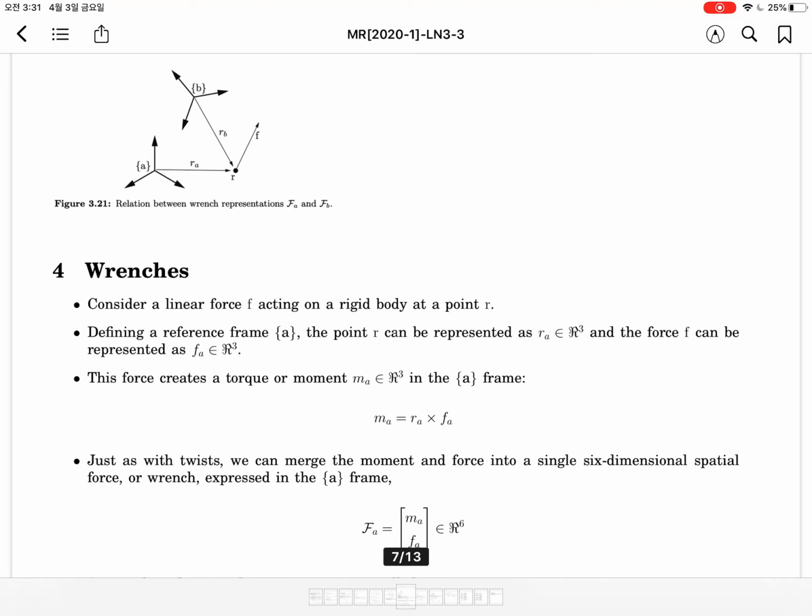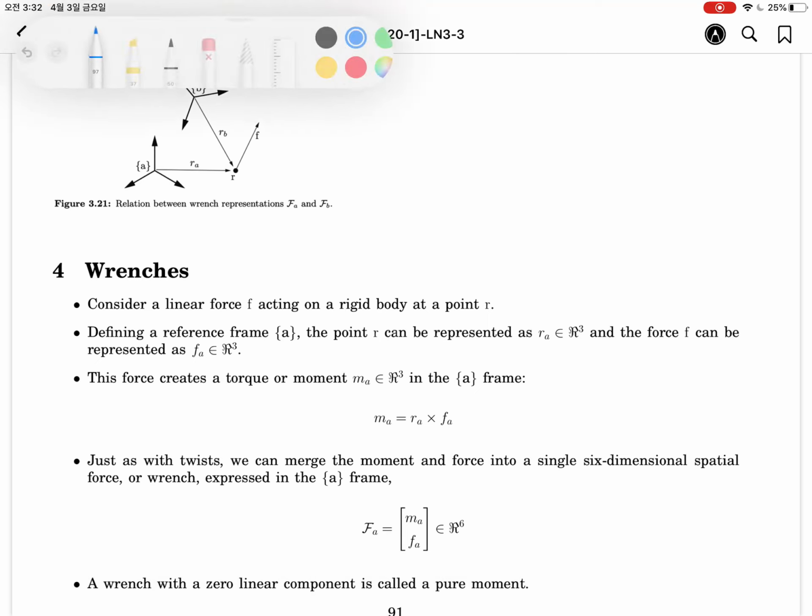Okay, the last topic is about the wrench. Wrench is the dual form of a twist. So, in order to describe the wrench, we should specify the point. Okay, the coordinate-free point R is chosen, and then force vector is chosen like this. It is independent of the coordinate. This is the physical dimension.